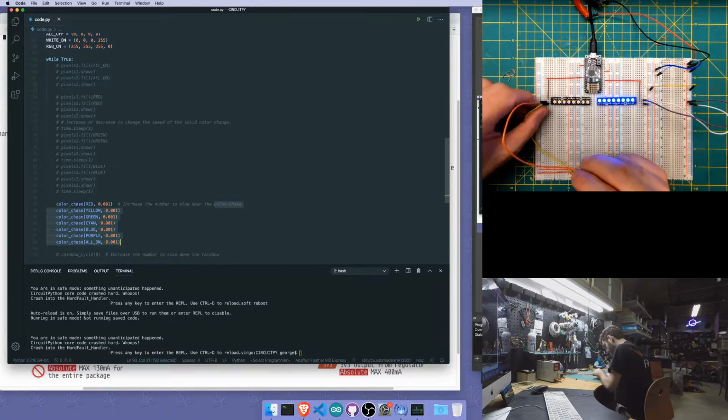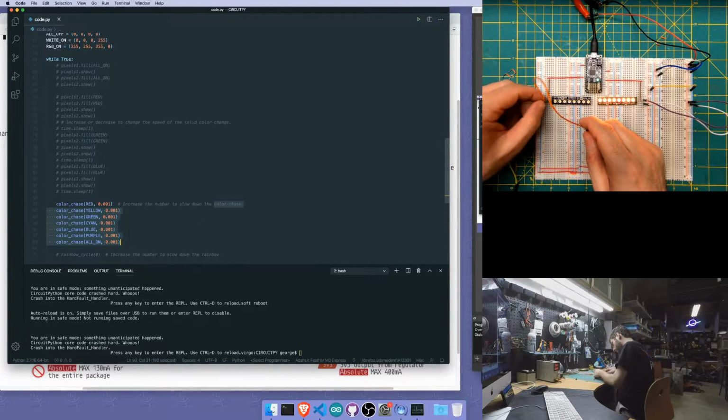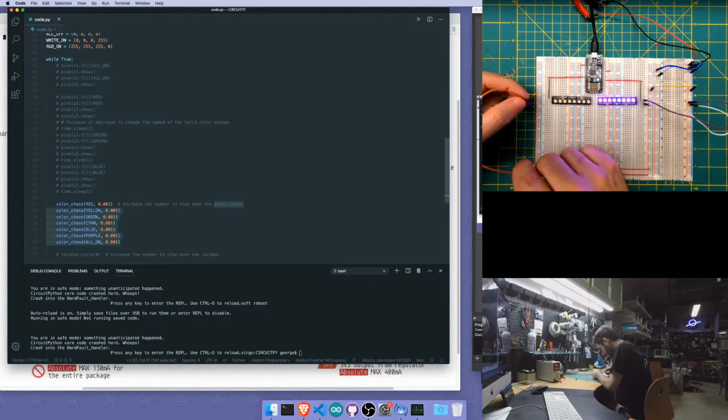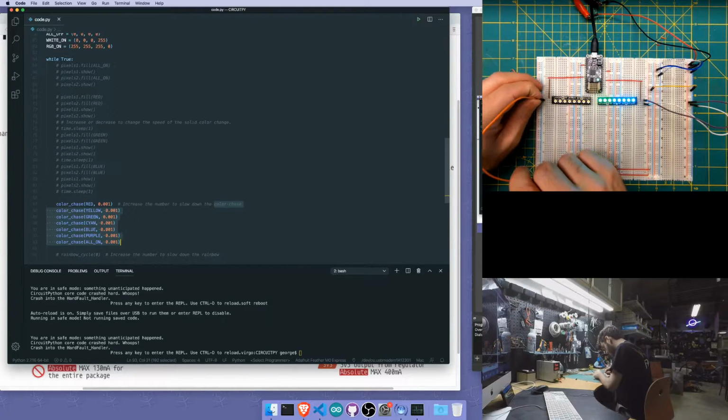So I'm not sure why my pin's okay here. I'm not sure why power's not coming to this board.